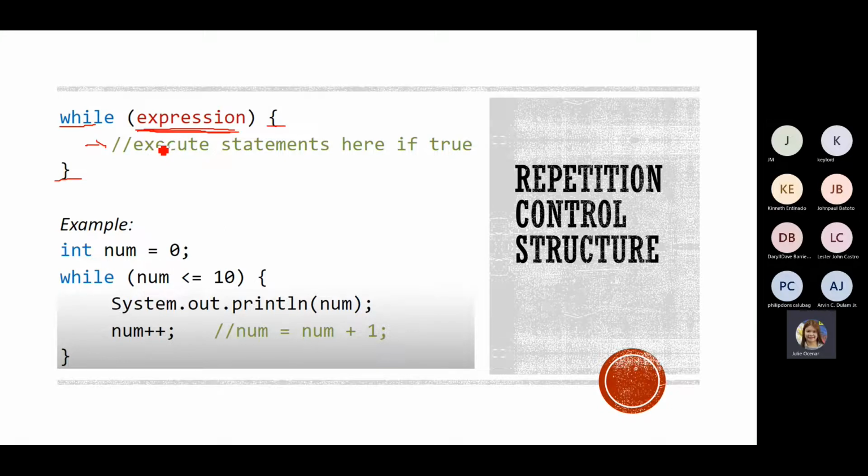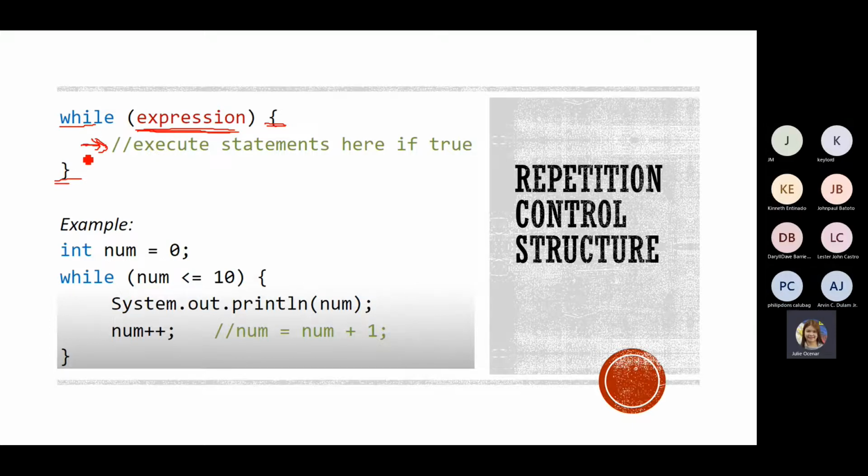So, the statements enclosed in curly braces, which is this one, the open and the ending curly braces, yung statement under that, yan yung while loop statement na meron tayo. And this is what we call the loop body. The loop body can be either a simple or a compound statement.